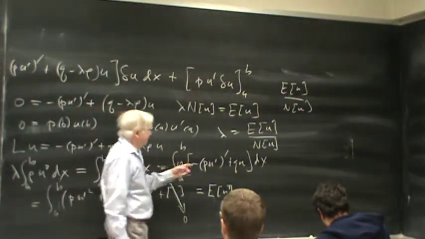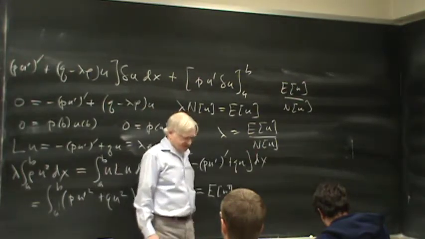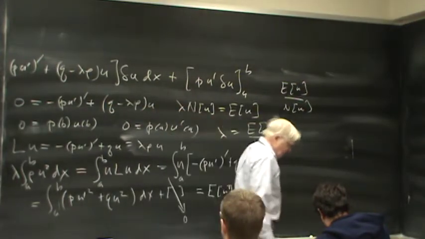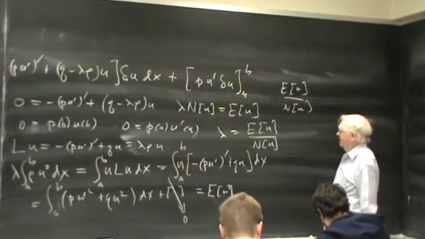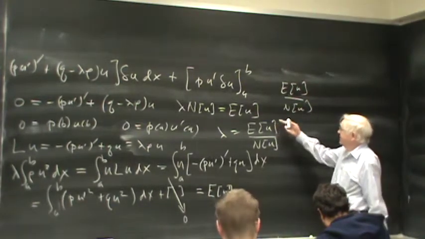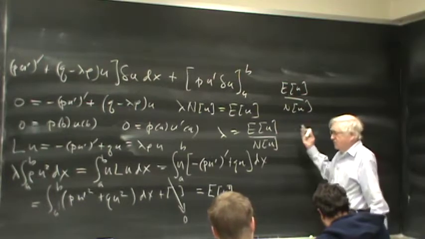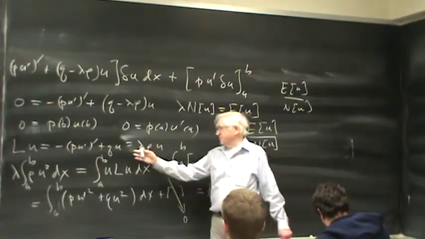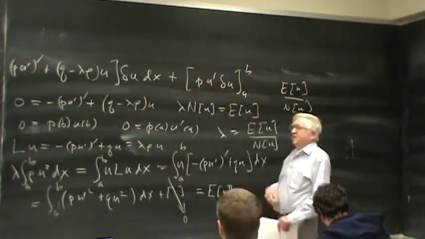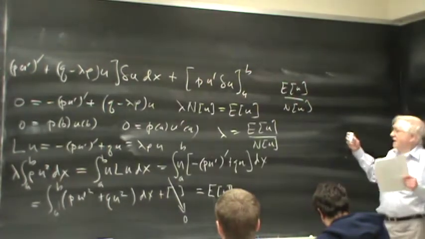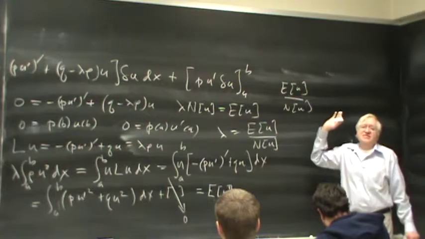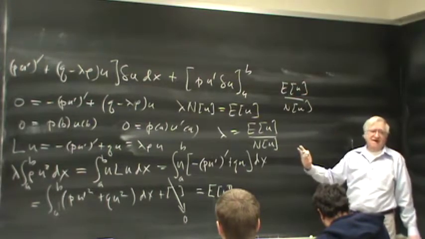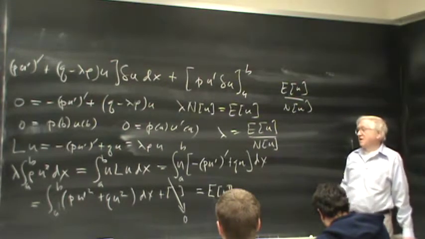The least eigenvalue is the one that minimizes this ratio. The function that minimizes this ratio is u, and it's the eigenfunction for the least eigenvalue. Suppose you now minimize this ratio with respect to functions that are orthogonal to the first eigenfunction.